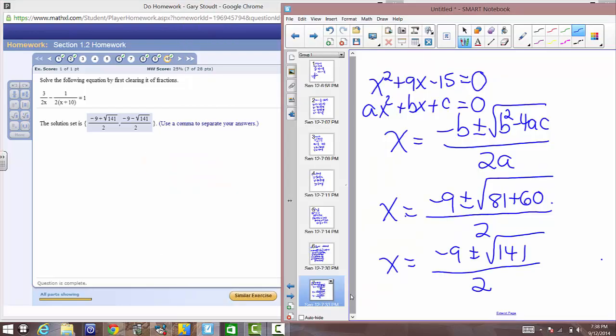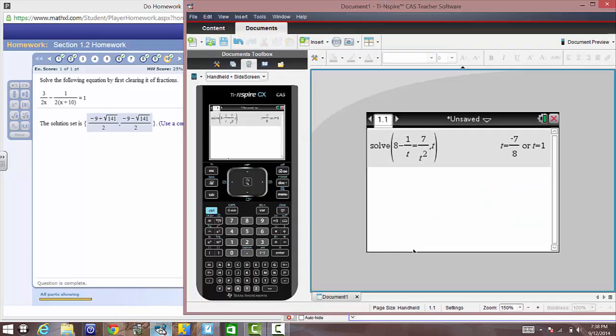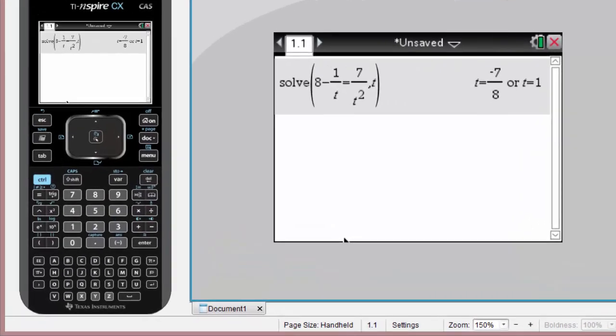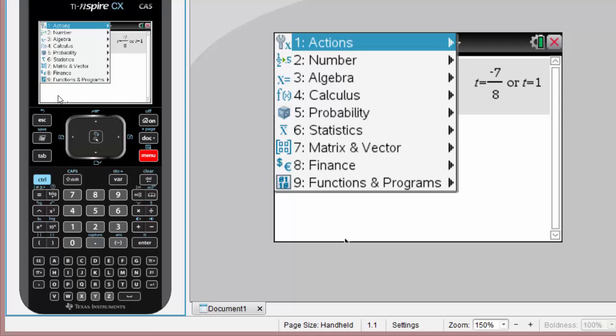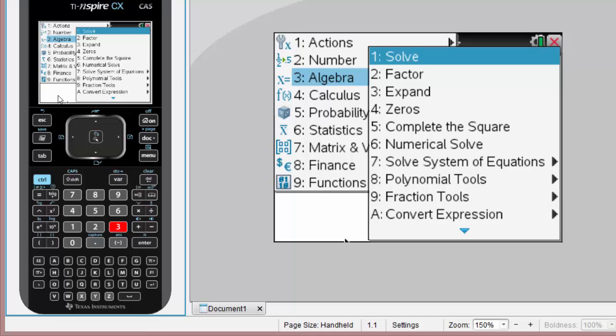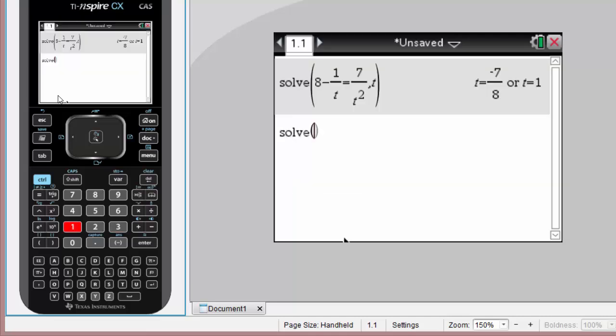So let's try this out on the TI Inspire. So we need to solve, so everything runs from the menu. So menu, we would like to do some algebra, so option 3. And we would like to solve an equation, so option 1. What would we like to solve? 3 divided by 2x.